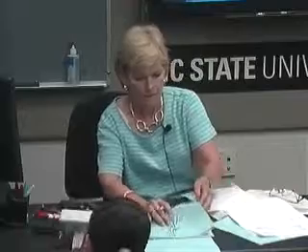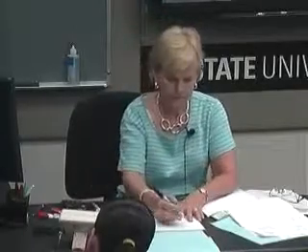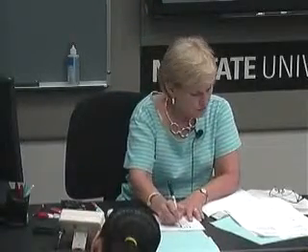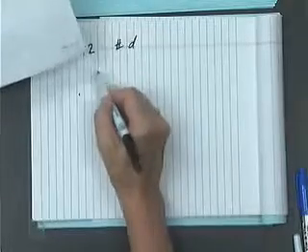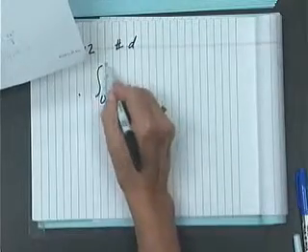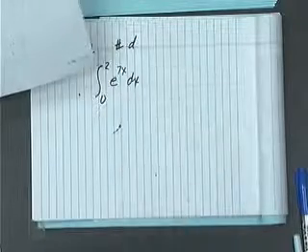was from homework 12. This is problem letter D, and it is the integral from 0 to 2 of e to the 7x dx.